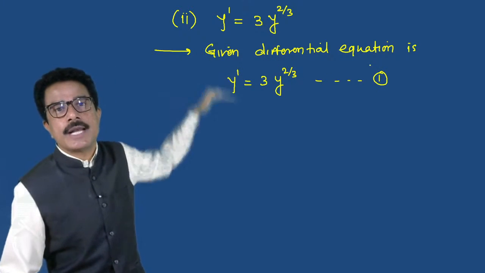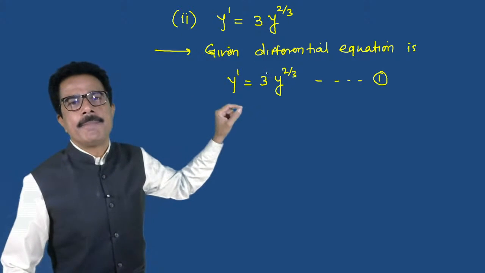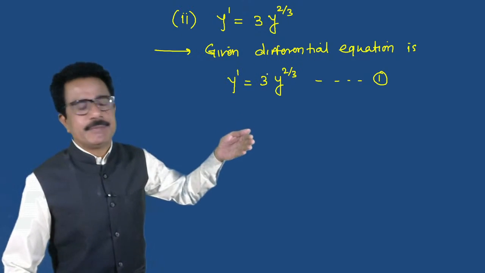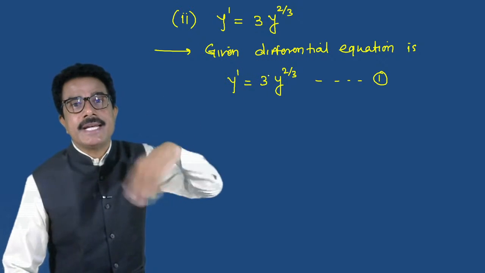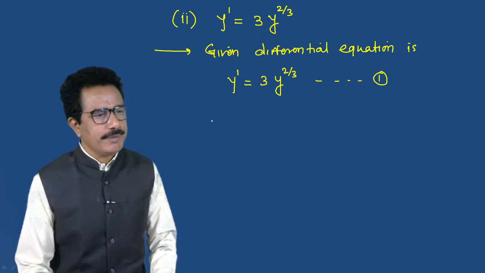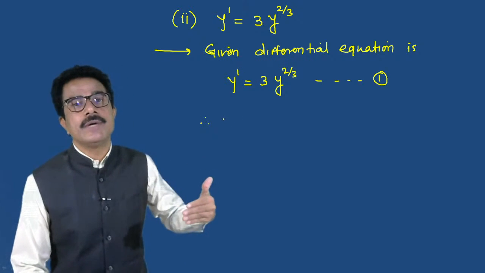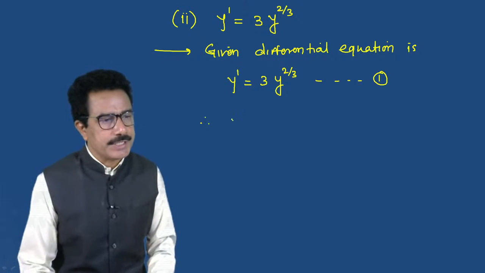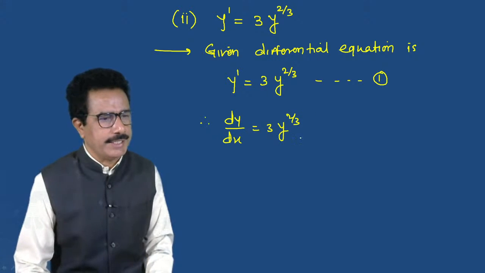In the second part of the theorem, we find the solution by directly integrating. So first of all we have to convert it into variable separated form. Y dash means dy by dx equals 3 into y raised to 2 by 3.